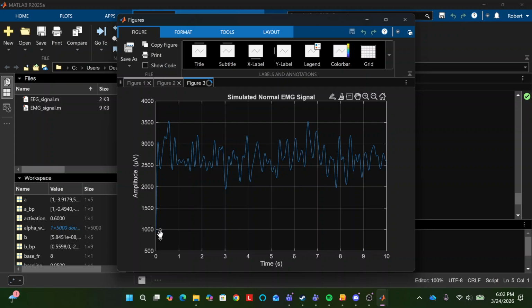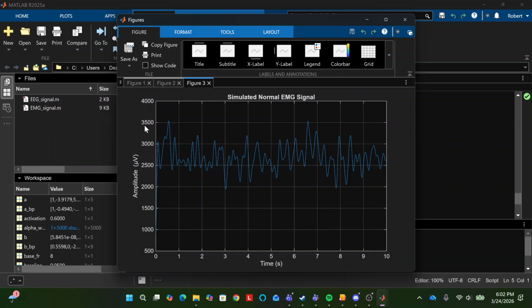And as you can see, at first, amplitude starts low and builds up, and then it continues to stay within the range of about 3,500 microvolts.